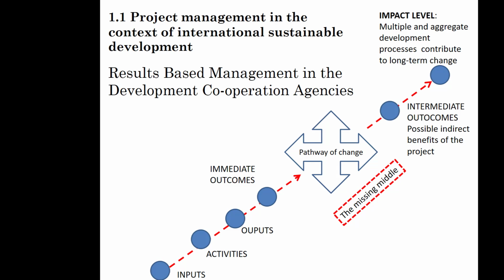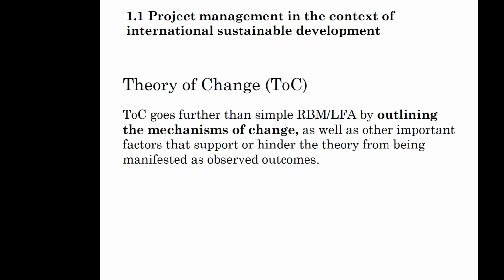These are all factors that need to be taken into account, that need to be explained. You cannot just say, I have capacitated the extension officers, and the extension officers will deliver training units to the farmers, and the farmers will adopt the technology. This just does not work. You need to explain much more in this missing middle. Why should the farmers adopt these technologies, and what are the factors that could constrain, that could avoid this adoption of these better technologies from the side of the farmers?